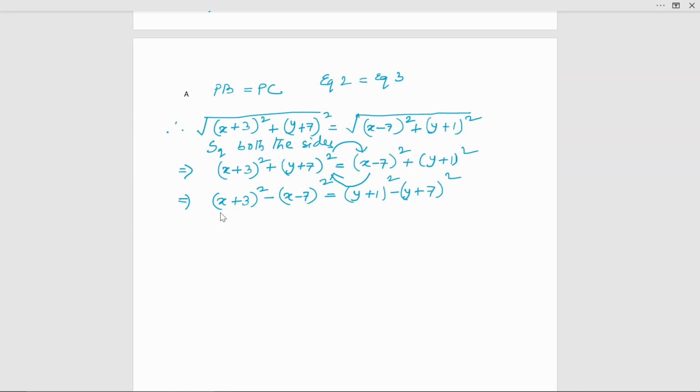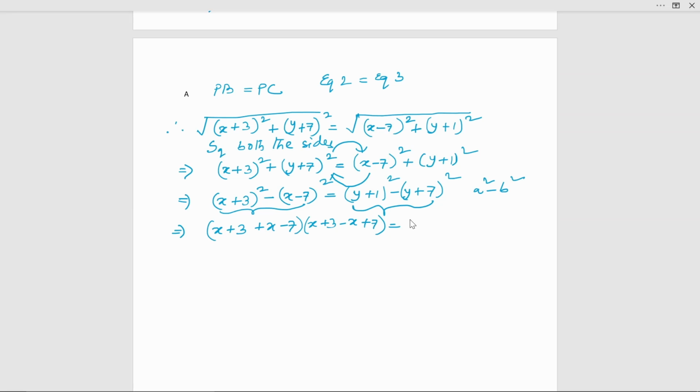Again, the left hand side and right hand side are taking the form of a² − b². So solving this equation, we have (x + 3 + x − 7)(x + 3 − x + 7). This is my left hand side.